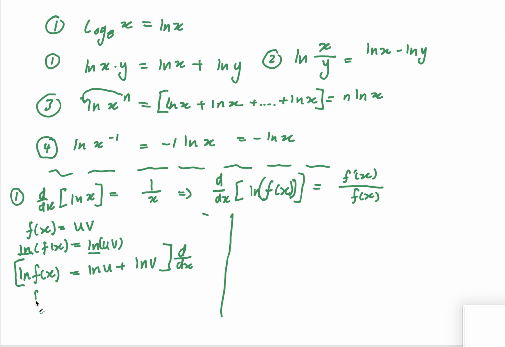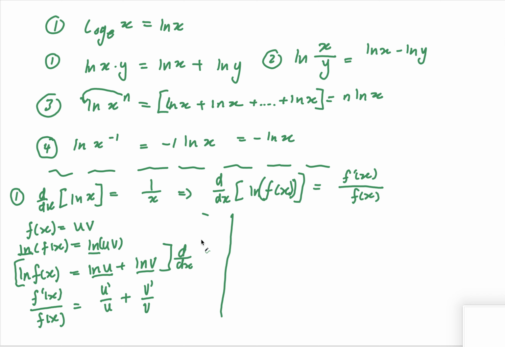So we'll have f prime of x divided by f of x, and this one will be u prime divided by u. That's the derivative of that part, and the derivative of this part will be plus v prime divided by v. So you see how simple the derivative of ln is.